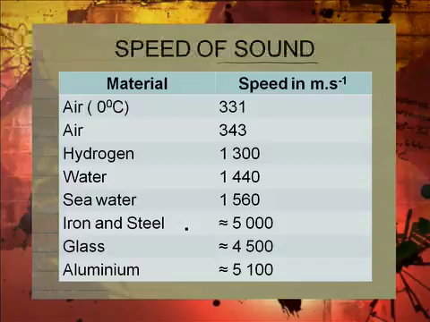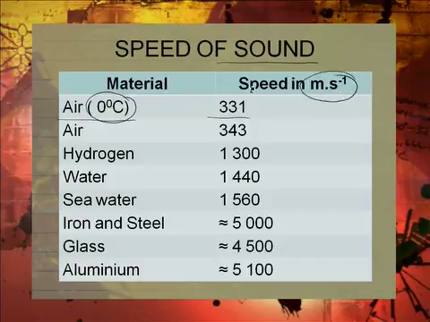First, looking at air, let's say this is refrigerated air at 0 degrees Celsius. Sound will move at 331 meters per second. This is given in meters per second. That's how fast it will move in cold air. Generally, out there, it will move at 343 meters per second.